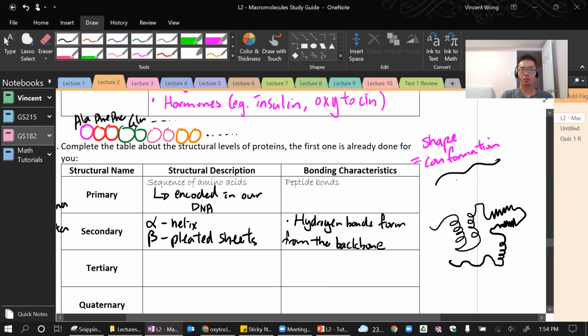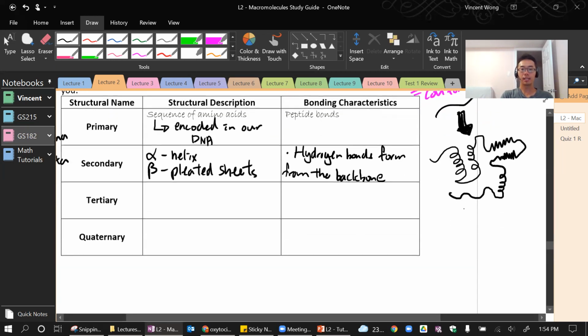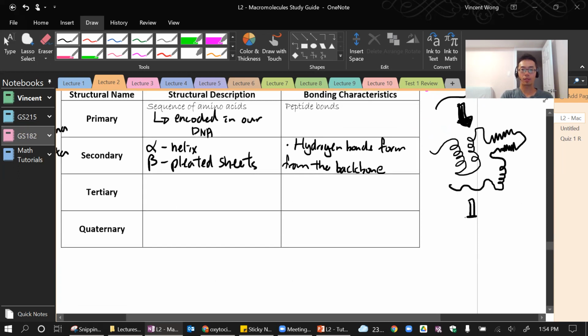So from the primary sequence we get the secondary, and from the secondary it is going to form the tertiary. This is a little bit hard to draw, but basically you will have these coils, and then it will fold back on itself and make this 3-dimensional shape, this 3D structure.